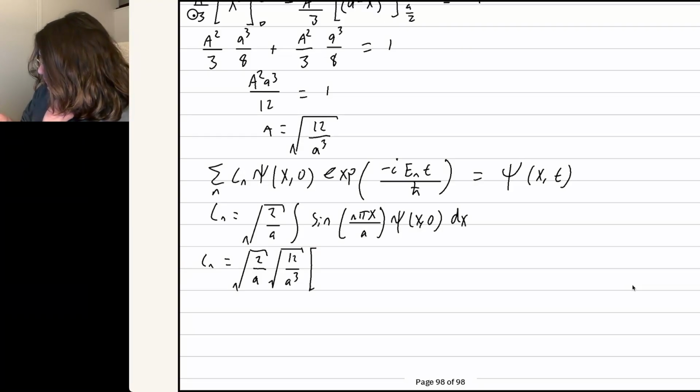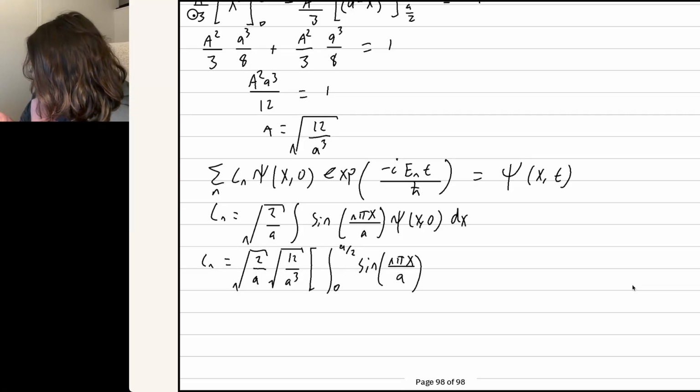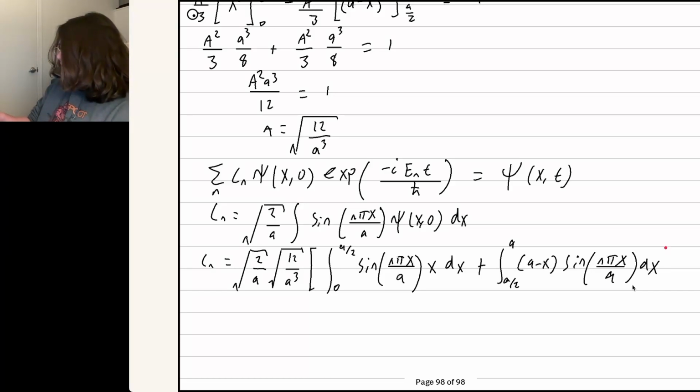The first one is going to be from 0 to a over 2, sine n pi x over a times x dx. And then the other integral is going to be from a over 2 to a, a minus x times sine n pi x over a dx.